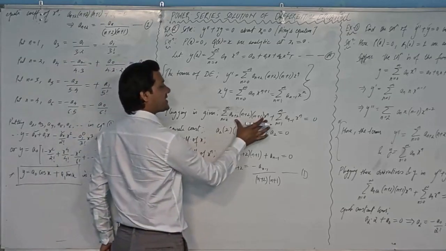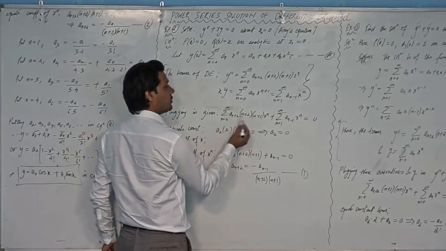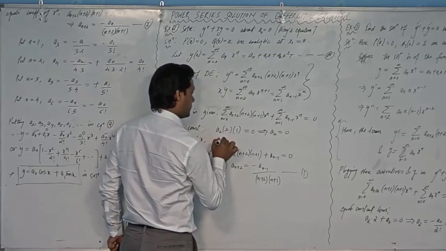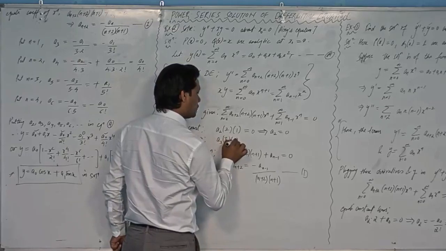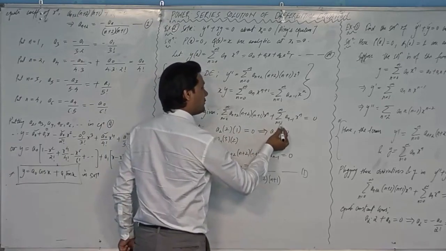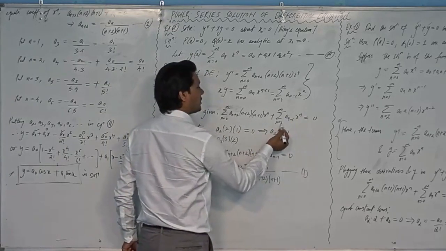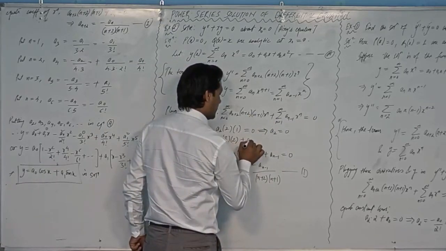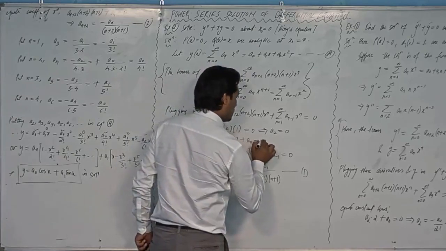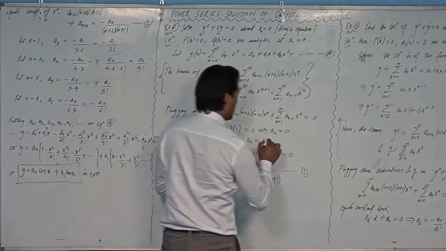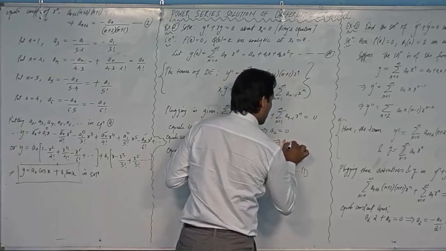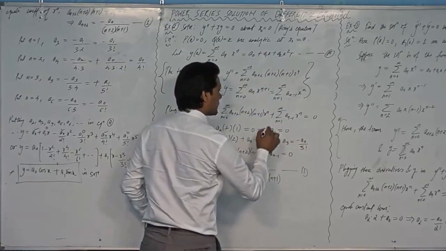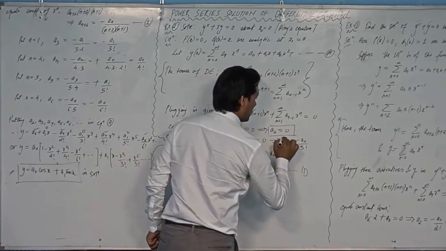If you want to obtain x term from this summation, you should put n equal to 1, and that will give me a3, and this will become 3, this will become 2 x to the power 1, and from here I will obtain x to the power 1 by putting n equal to 1. So that will produce plus a naught equal to 0. Now I can see that I can obtain a3 in terms of a naught over 3 factorial, right? So I will put a box on them.